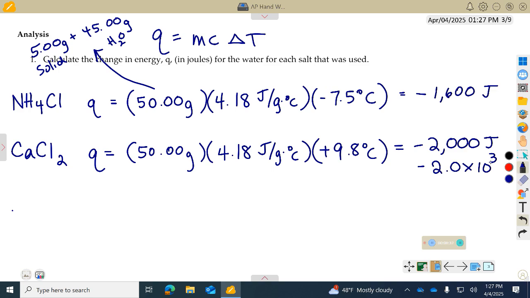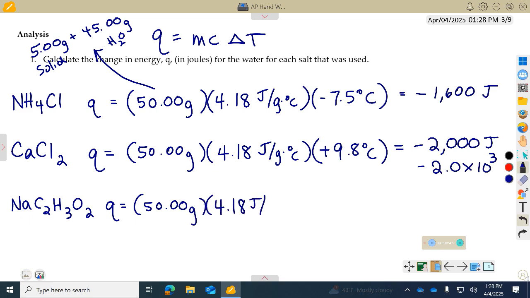All right, and the last one is the sodium acetate, C2H3O2. Q, 50 grams, 4.18 joules per gram degree Celsius, and my temperature change was, I think, negative 3.4 degrees.